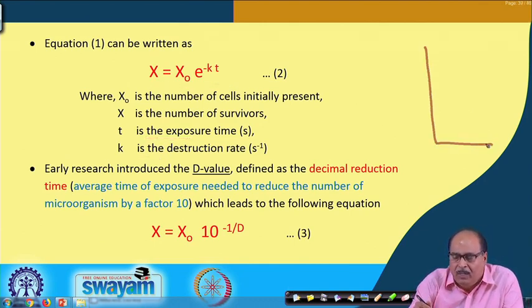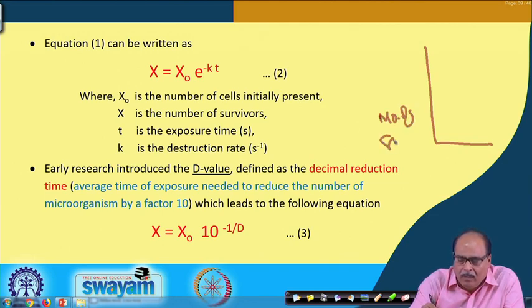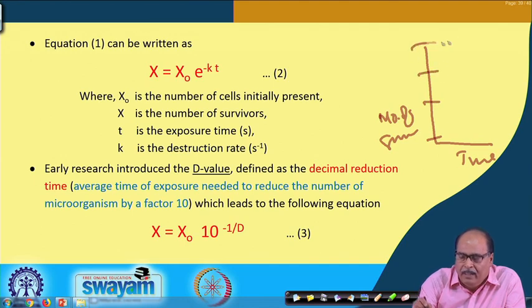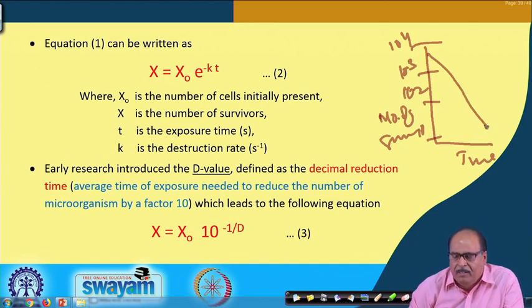If the number of survivors is plotted against time on a semi log curve, with 1, 10, 100, that is 10, 10 to the power 2, 10 to the power 3, 10 to the power 4, this gives a straight line.